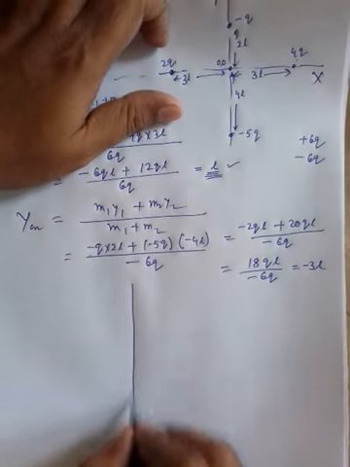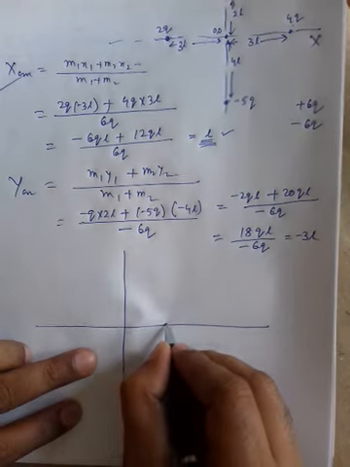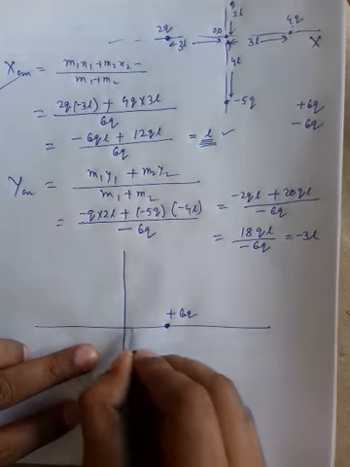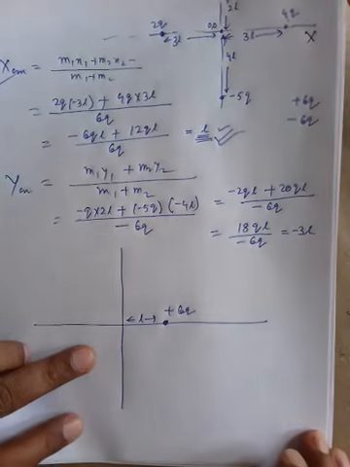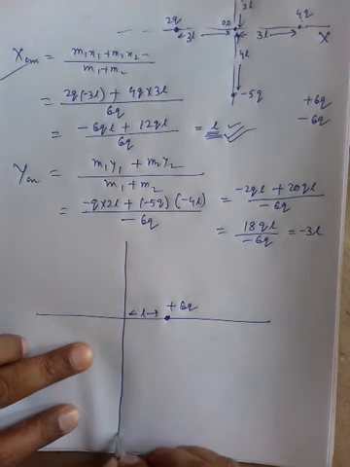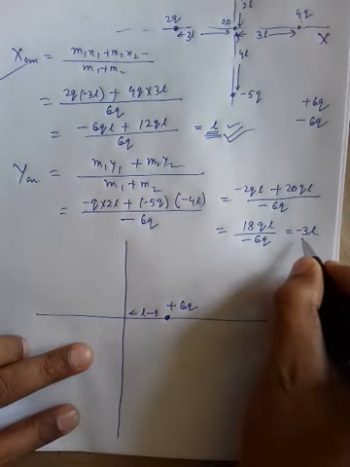So let me draw it with this location of center of mass. The positive charge plus 6q is lying at a distance L, because the center of charge for positive charge comes out plus L. For negative charge, it is coming minus 3L.